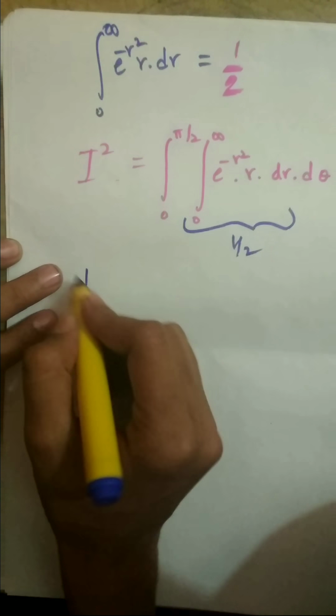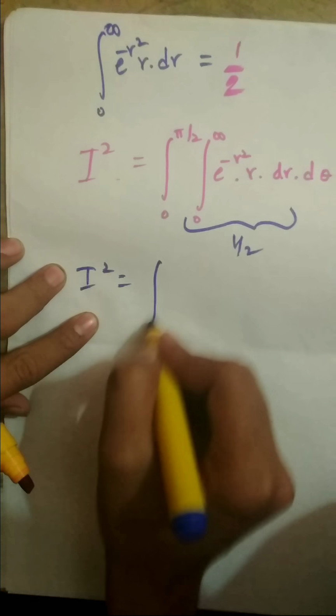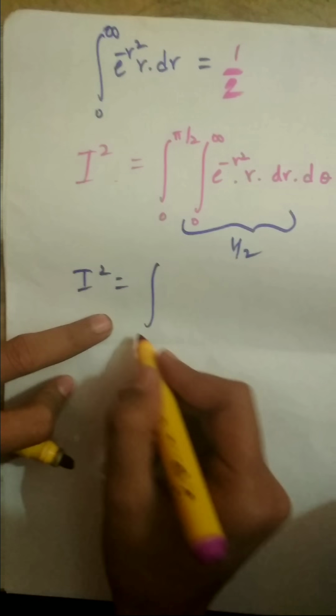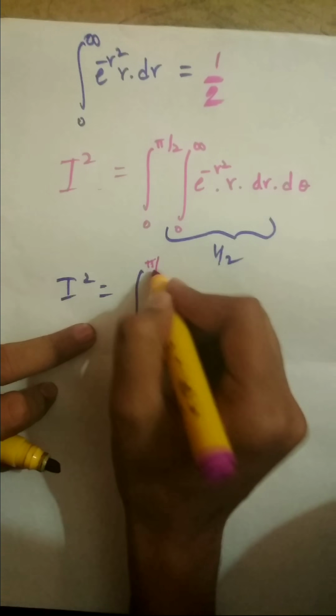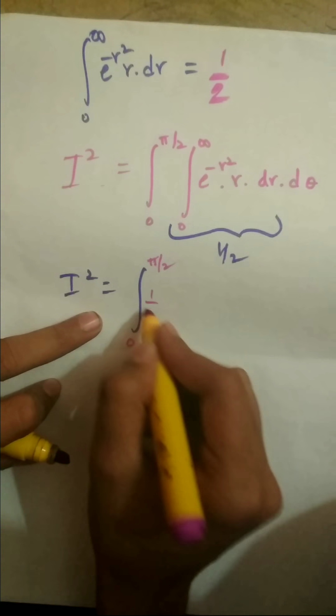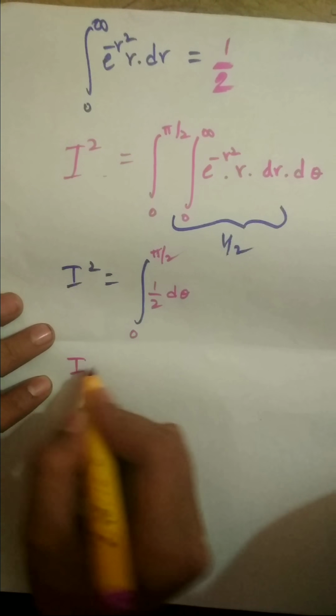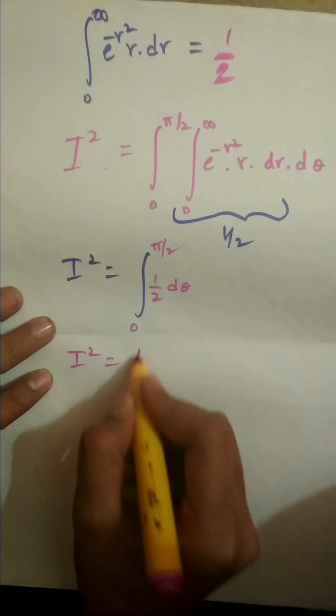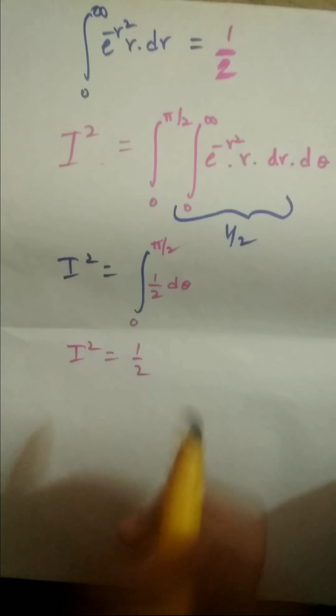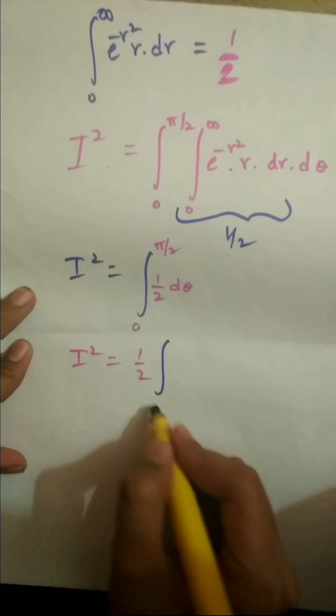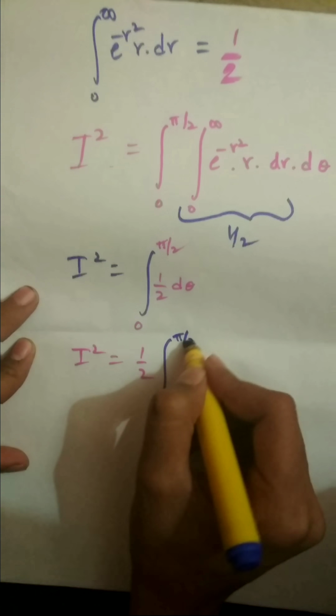From that, I square is equal to integral from 0 to pi by 2 of 1 by 2 into d theta. This is I square is equal to 1 by 2 is a constant term, and we have integral from 0 to pi by 2 d theta.